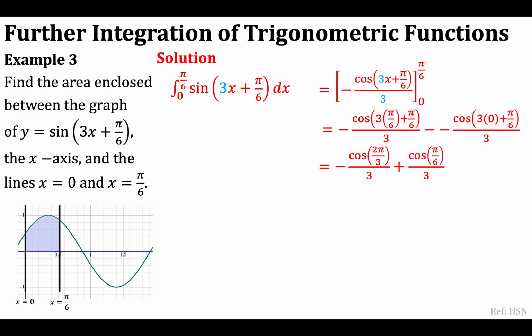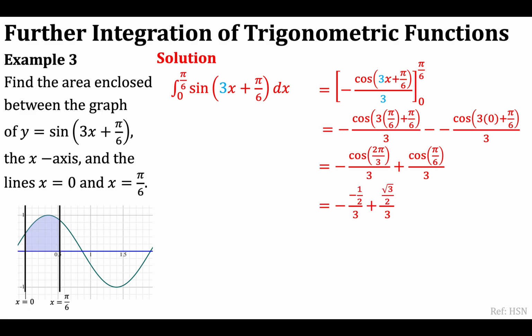Evaluating our arguments here, we've got negative cos of 2 pi over 3, because remember this would give us 4 pi over 6, which would simplify to 2 pi over 3. So that's negative cos of 2 pi over 3 all over 3, plus cos of pi over 6 all over 3. And remember, we're adding here because in the previous line we were subtracting a negative.